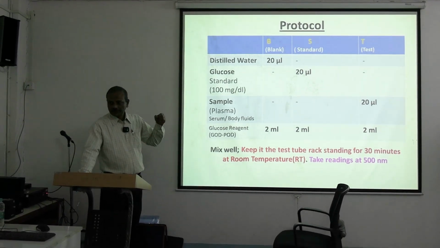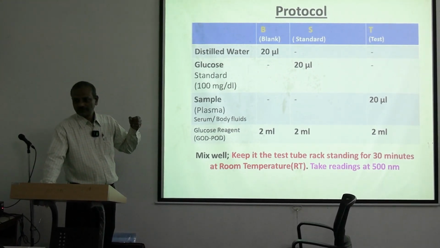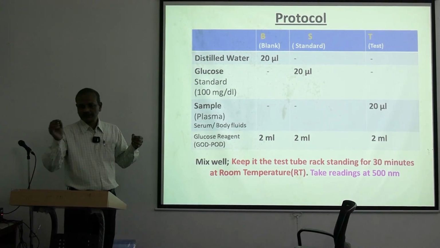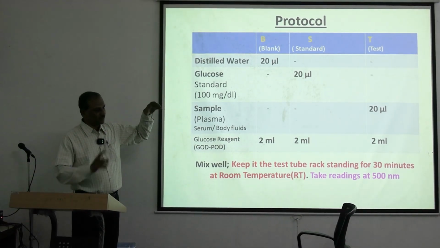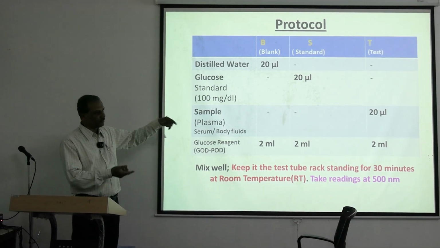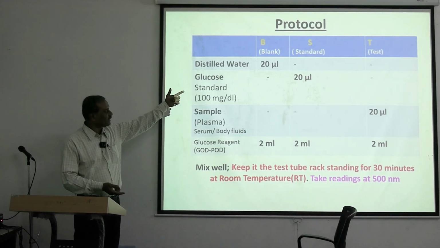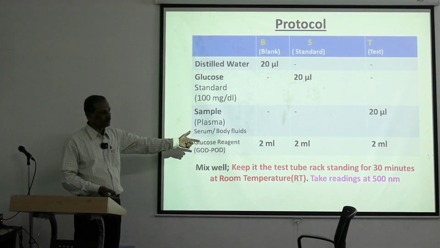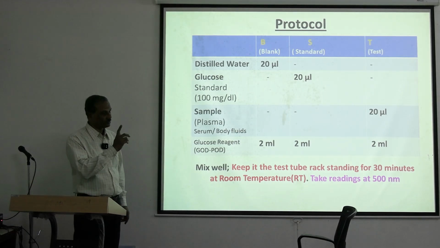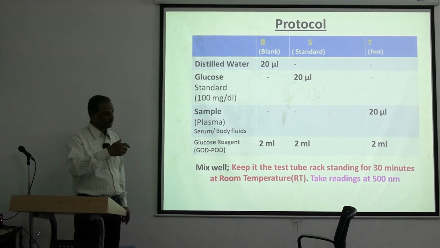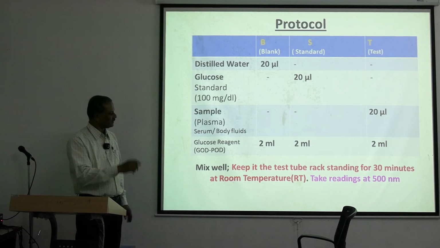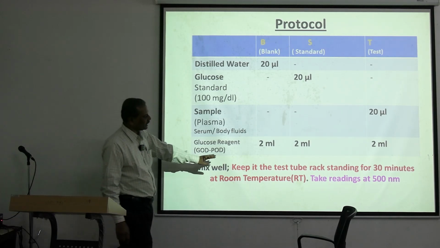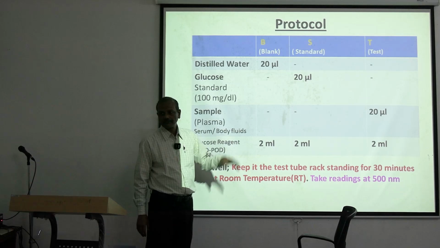Then you mix it well. The amount of sample is small, I have been putting reagent 100 times more than the volume of the sample. So it was 10, it is 1, so it is 100 times more. So you mix it thoroughly so that the liquid gets well mixed, and then keep the test tube rack standing for 30 minutes.